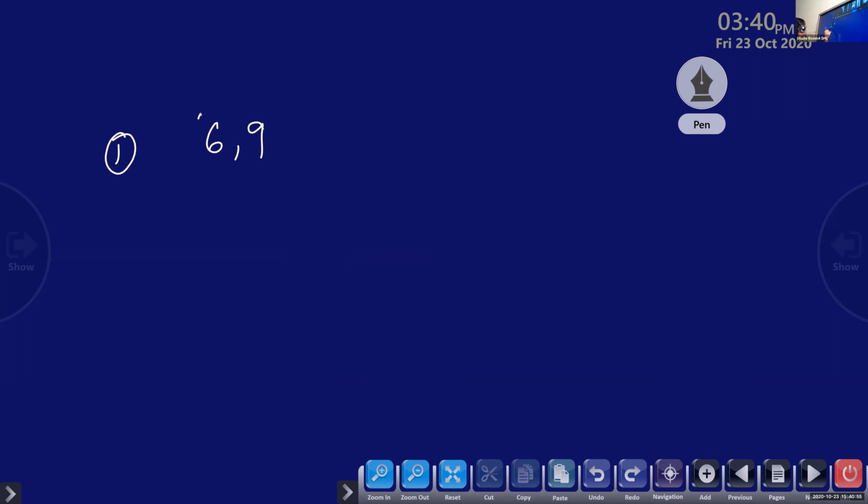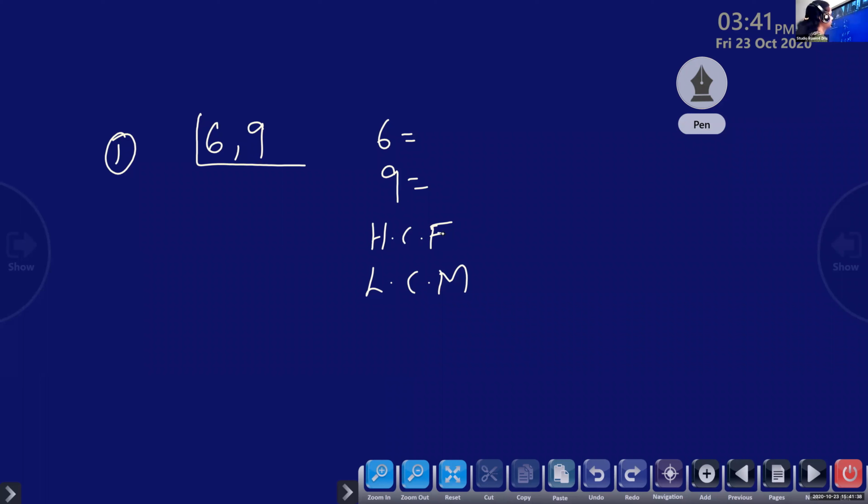This method I am showing you because you may have doubts. Children, write 6 equal to its prime factors, 9 equal to its prime factors, then find the HCF and LCM. Six and 9. Find the HCF and LCM.